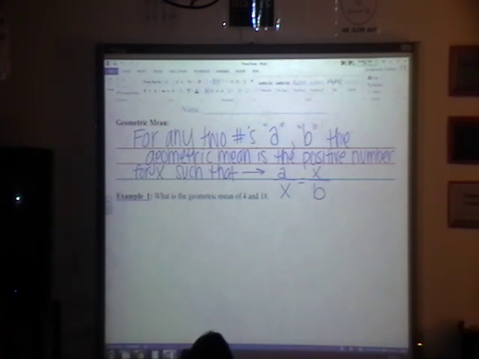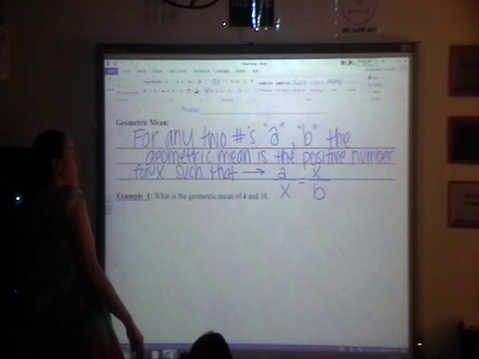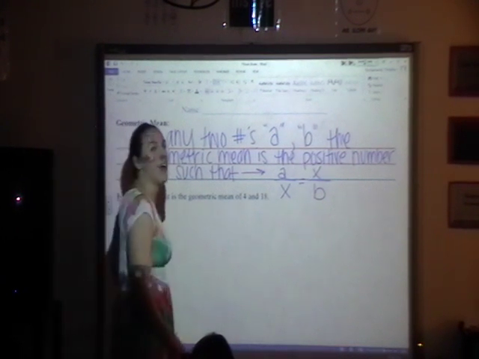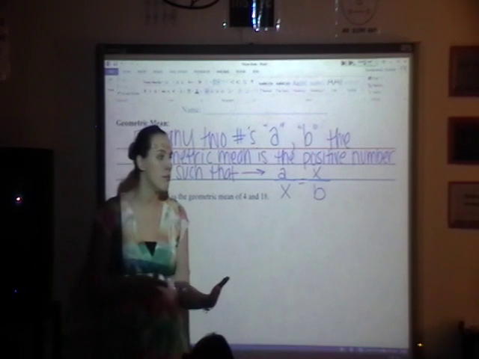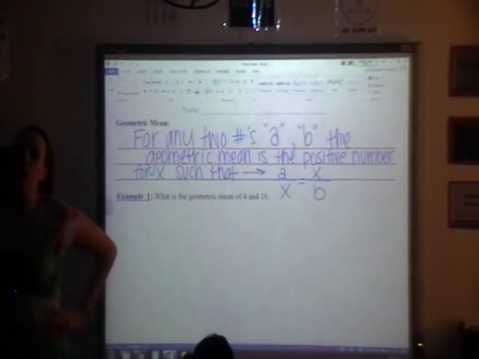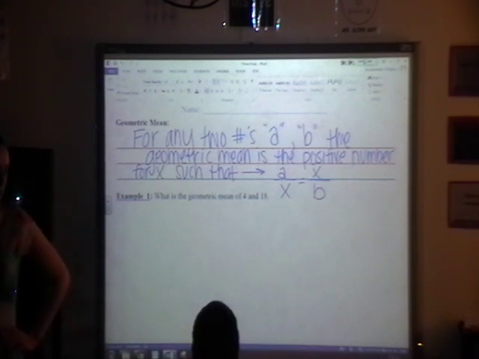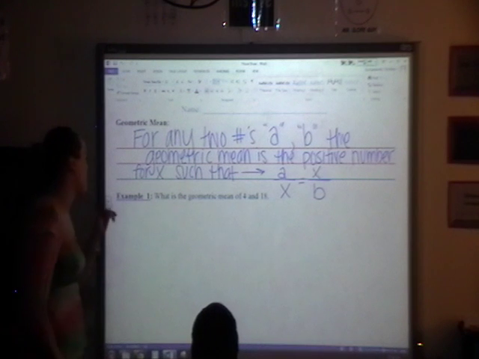It's a proportion, it's a relationship. And the reason why it says a positive number is because we're going to be getting into square roots and simplifying radicals. So this is why I reteach you prison break, because it comes back to this. When you square root a number, technically any square root is always positive and negative. Think about it.